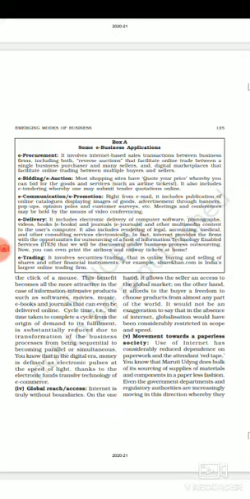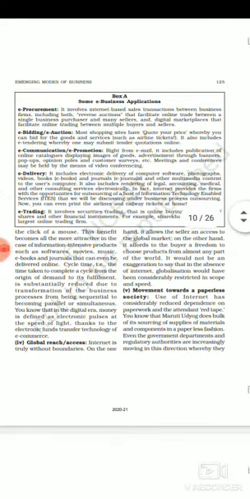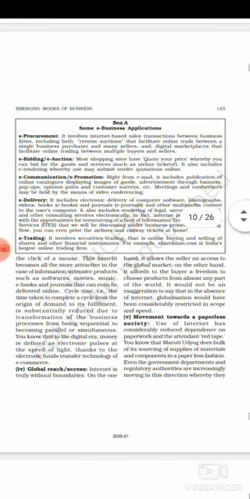But in case of e-business, electronic business, the internet is truly without boundaries. On the one hand, it allows the seller access to the global market, and on the other hand, it affords the buyer the freedom to choose products from almost any part of the world.